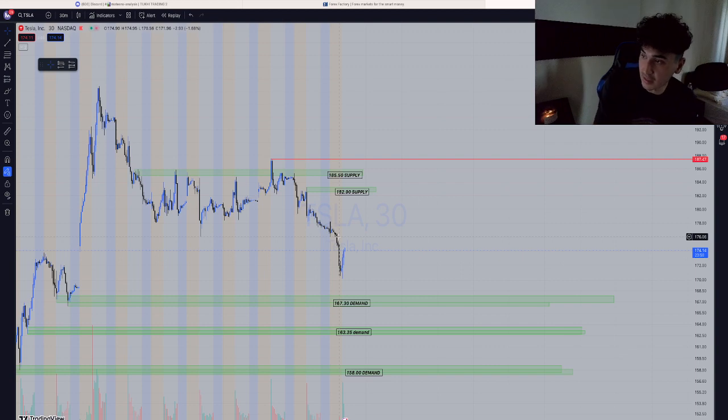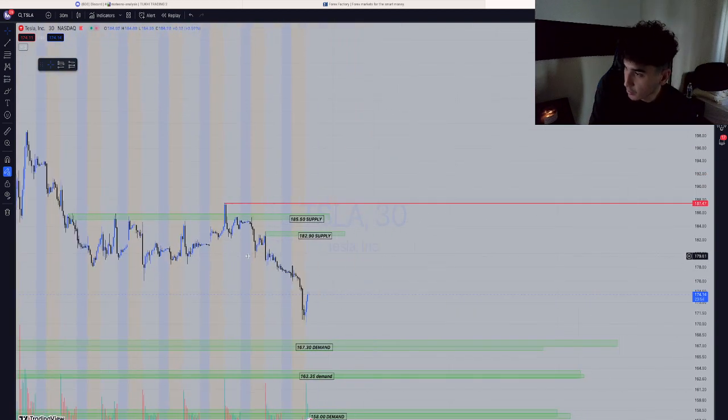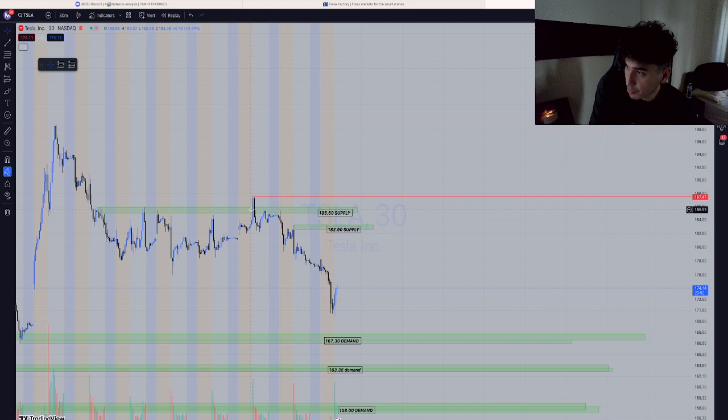So let's say price were to approach the supply zone, price coming into a supply zone, we'd be expecting a move to the downside from the excessive selling pressure. Let's say we didn't get that move to the downside, we got a continuous push to the upside while invalidating that supply.